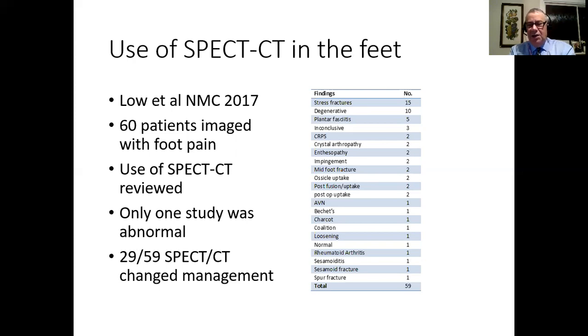Now, because the feet have got all these bones, they have various different kinds of pathologies. So these are the pathologies that were found. In fact, stress fractures were very common.